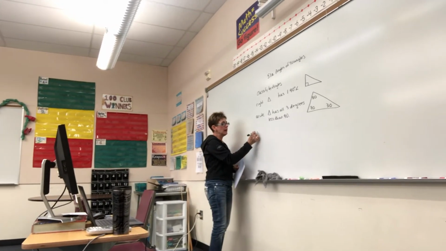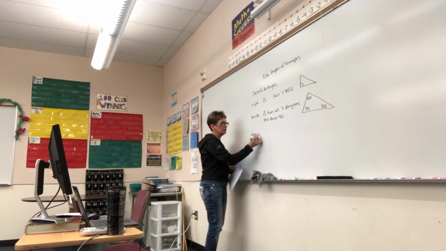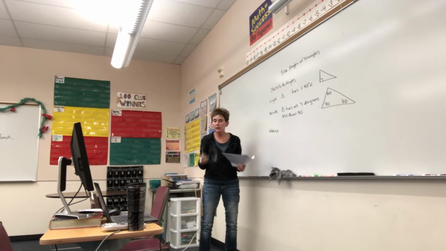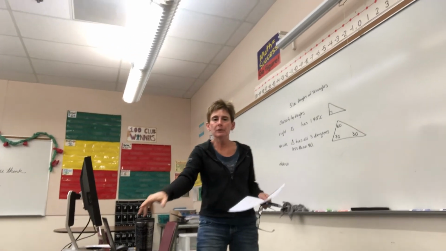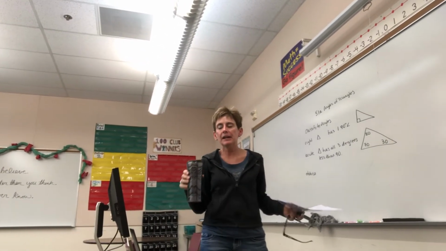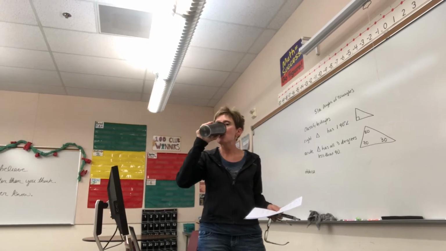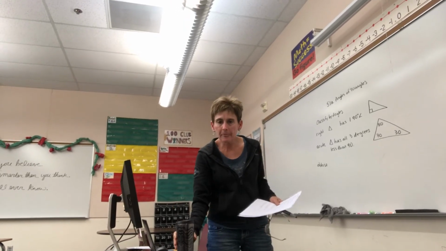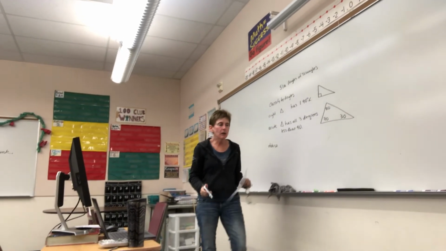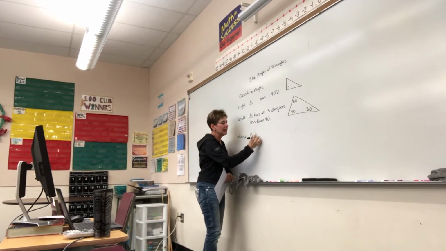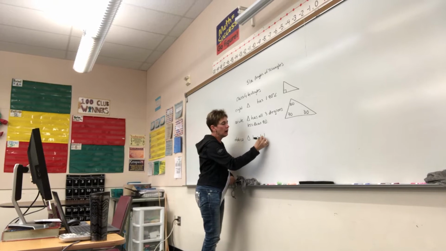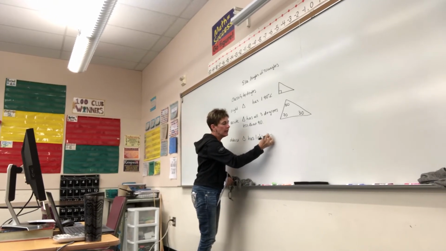Then we can also have an obtuse triangle. Can you remember what obtuse means? Think about an obtuse angle and see how that might apply to triangles. An obtuse triangle is a triangle that has one obtuse angle.